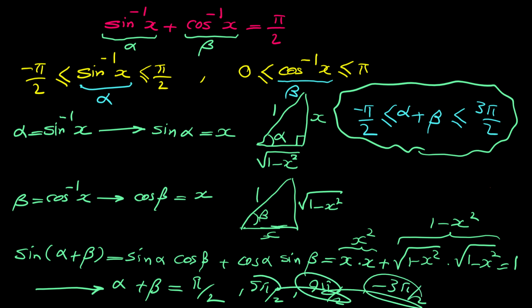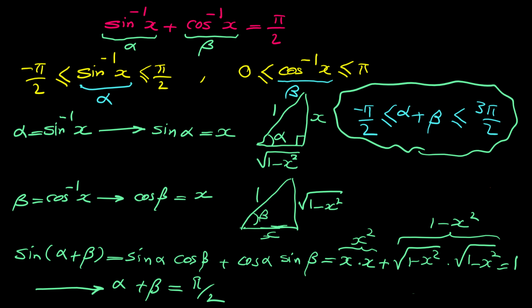All of these angles, their sine is 1. But the only one that satisfies the last condition, this condition, is pi over 2. So alpha plus beta is pi over 2. And this completes our first proof for this relation.